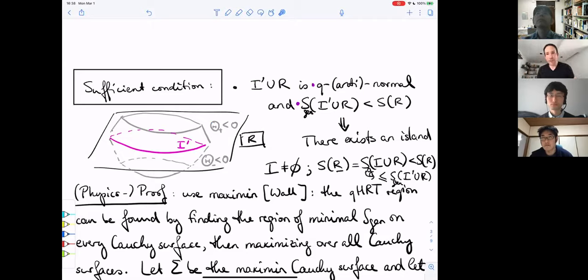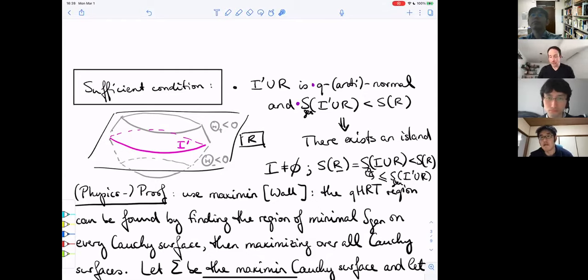I'll tell you in a moment what that is, but the key point about it is that it's not an equal sign property like extremality. It's a greater than or equal sign property or less than or equal sign property, which you can always choose to satisfy with enough room to spare that any corrections that you have no control over will be smaller than that. That's the big picture story of our result.